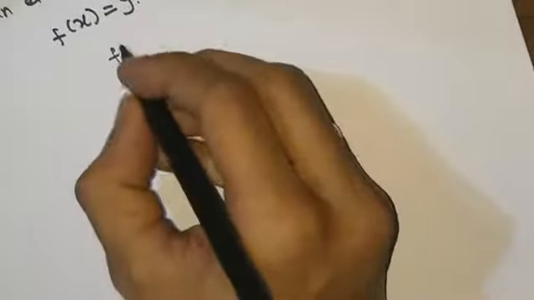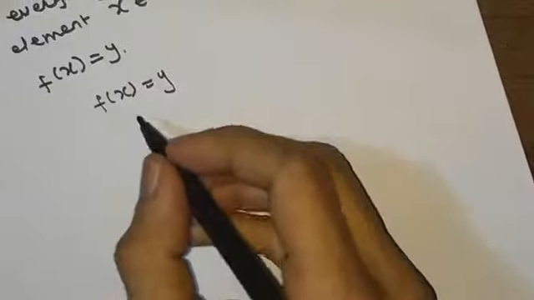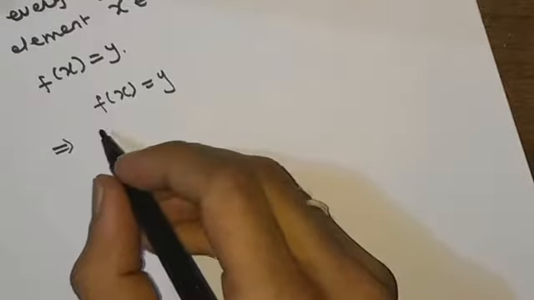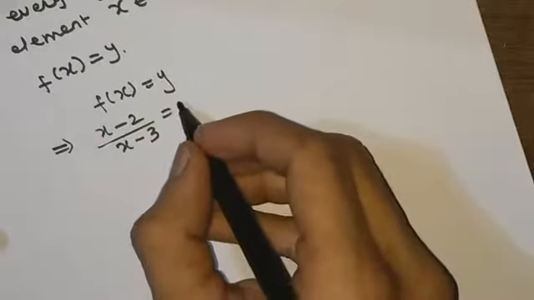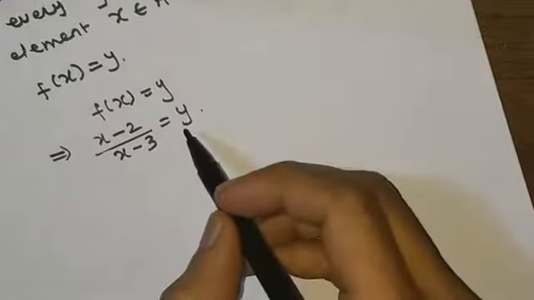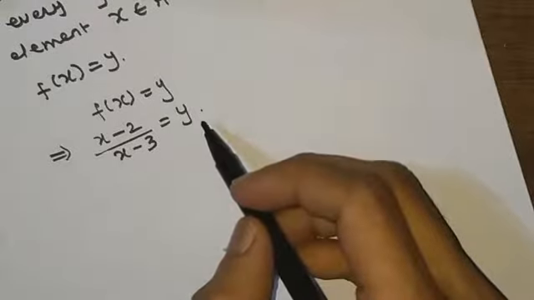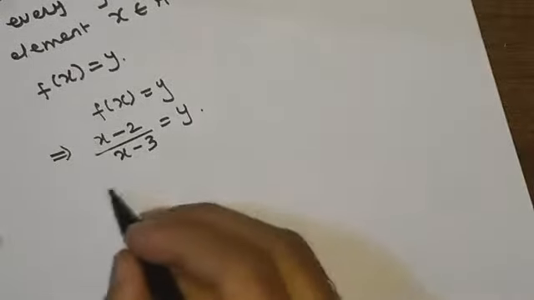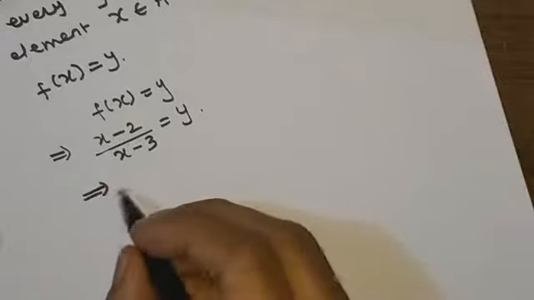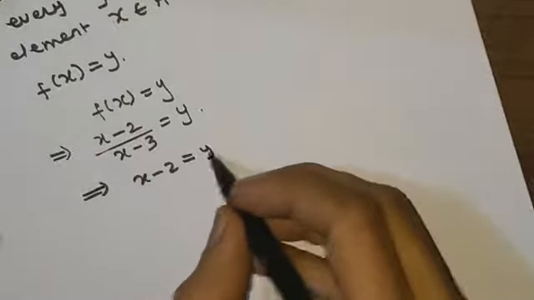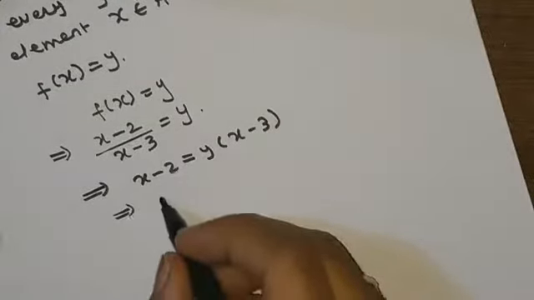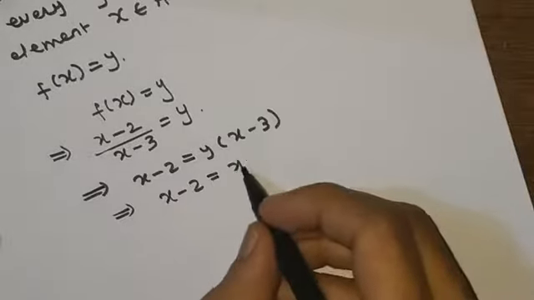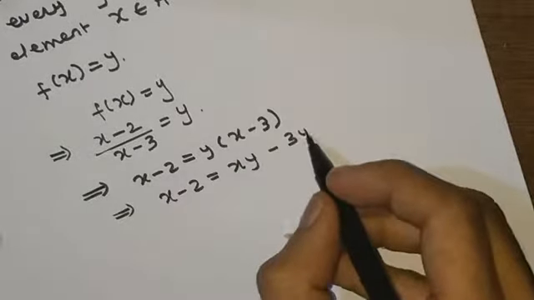So first take f(x) equal to y, okay, then f(x) is (x minus 2) divided by (x minus 3) equal to y. Our task is to get x in terms of y. So we will simplify this. x minus 2 equal to y multiplied by (x minus 3). So that means x minus 2 is equal to xy minus 3y.